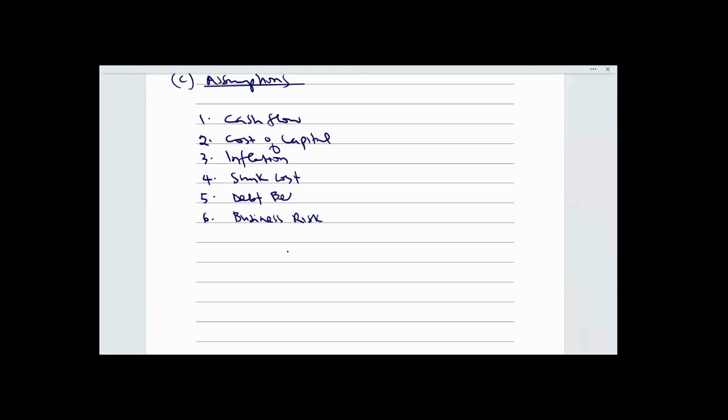Then the last one, which is business risk. Business risk in the sense that we are borrowing the beta of Costaris for Ferrari. So Costaris is the proxy company. Therefore, it is assumed that both Costaris PLC and Ferrari PLC have similar business risk. That's why you are borrowing the beta of Costaris.